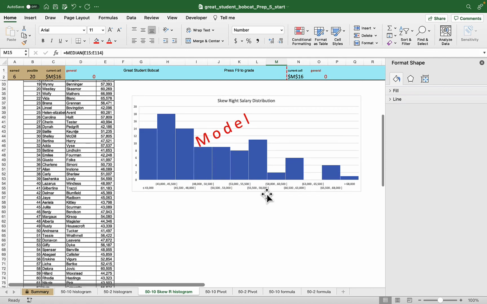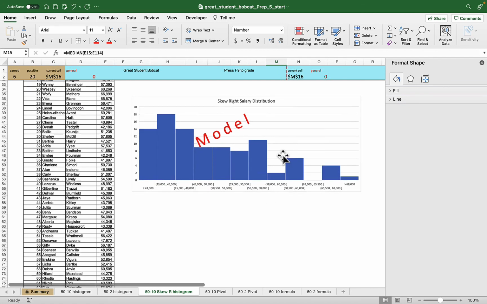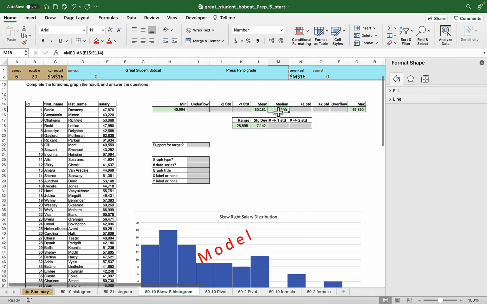Especially the more skewed the distribution is, the more you want to report the median. In this case, we could probably get away with reporting the mean, because they're kind of close. But if these were dramatically different, you would always report the median.